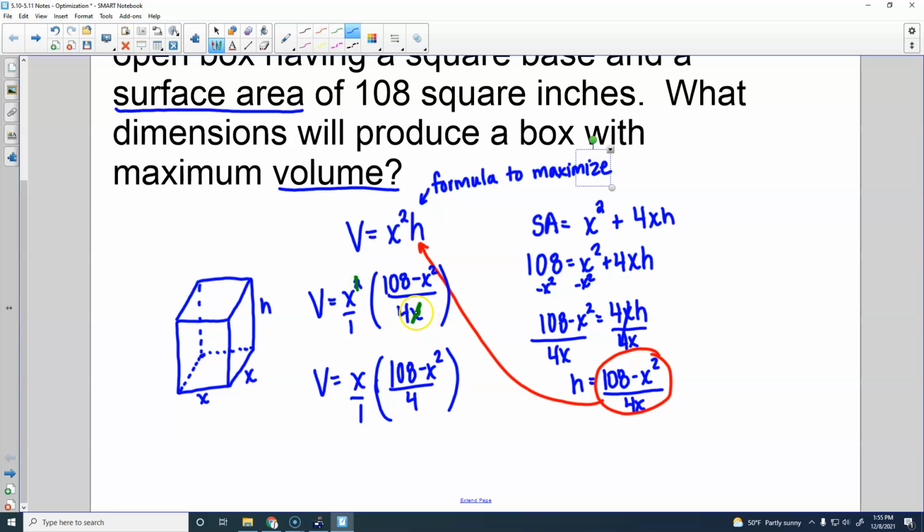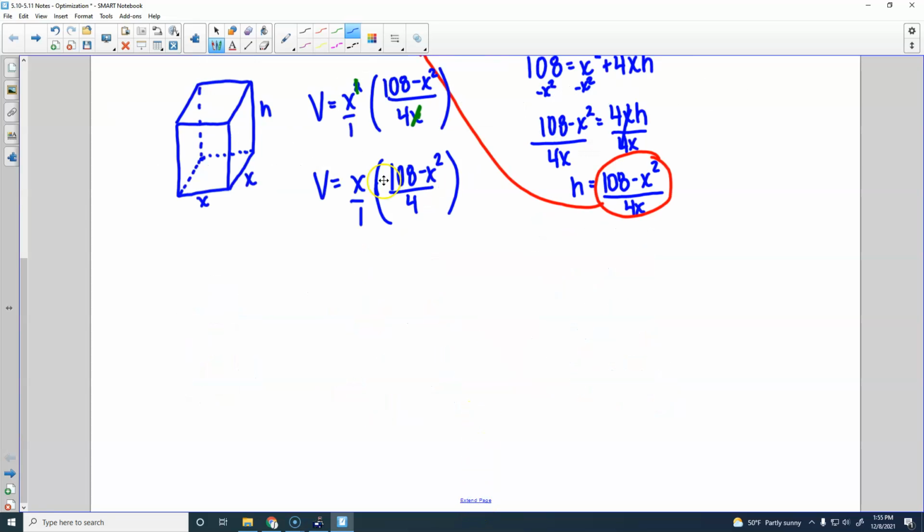Then I multiply that together to get x times (108 minus x squared) over 4, and I could distribute that x, so I'd get 108x minus x to the third over 4.